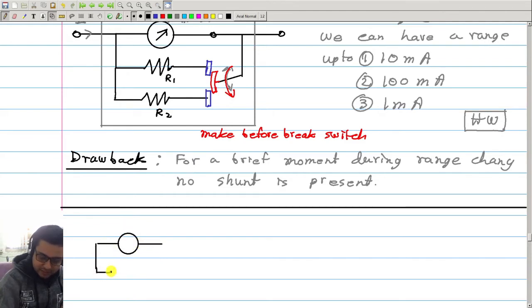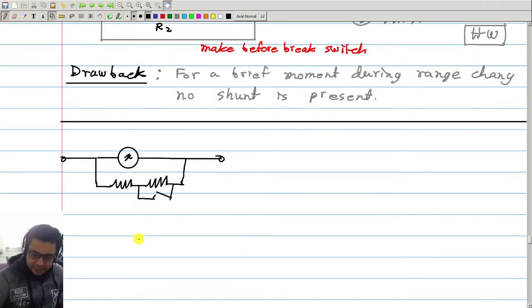That is one thing. You can still do another thing, possibly like this. You can have an arrangement like this. This can short this resistance or keep it open. Yeah, that is another way. I mean, this is not the unique way.